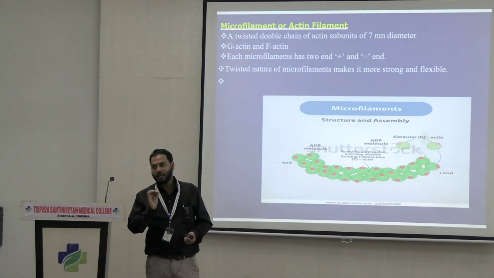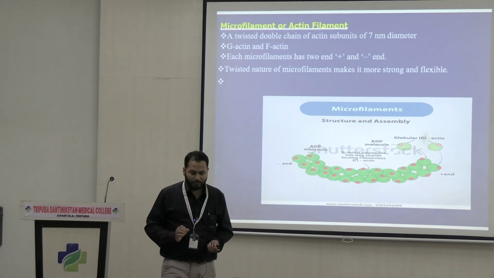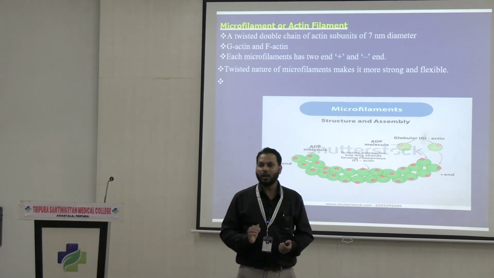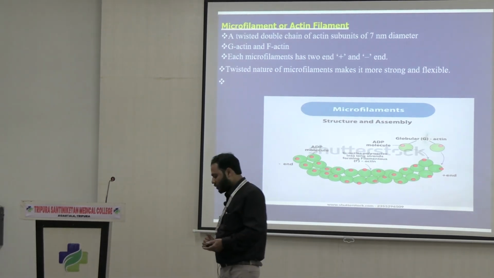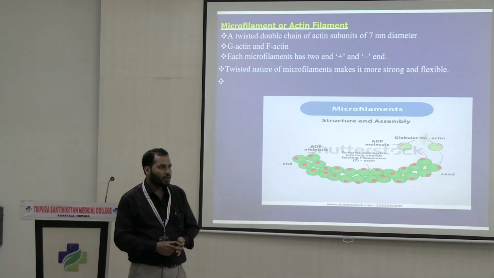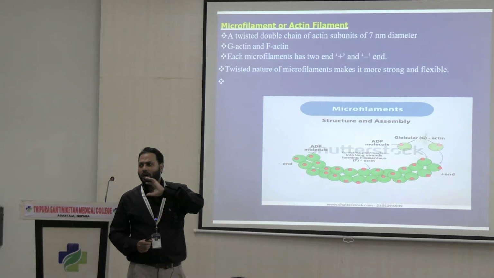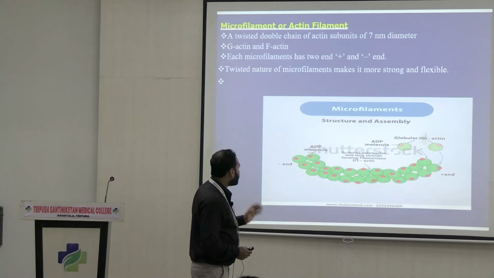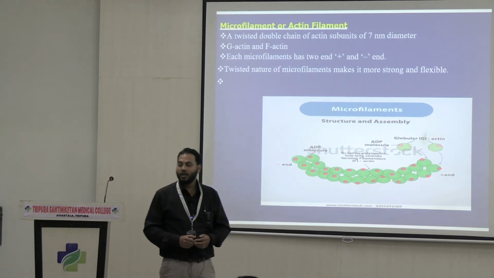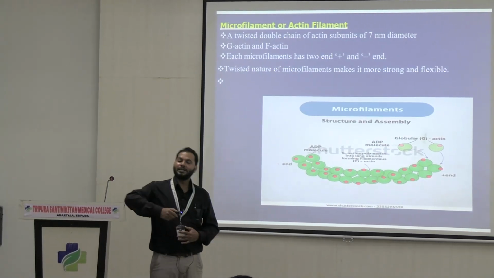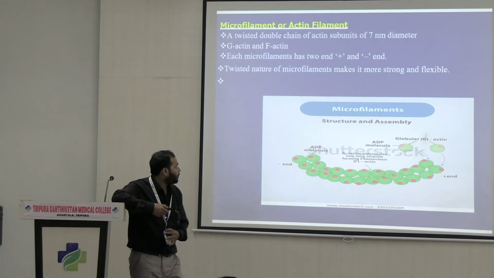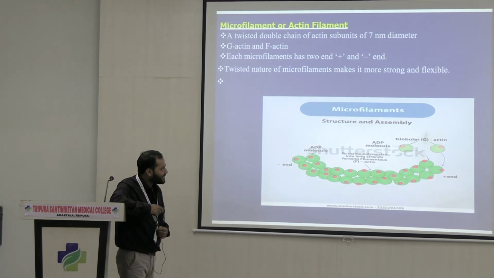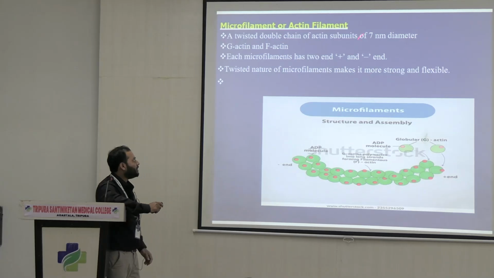Now, another important structural component of the cytoskeleton is the microfilament. So I'm just giving a brief structural demonstration of the microfilament. Like microtubules, microfilaments are also important, and if you see the microfilament structure, it has a specific diameter.